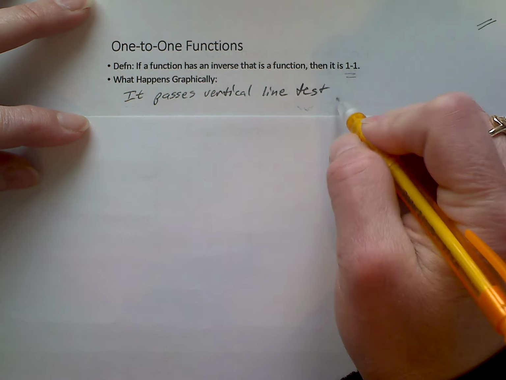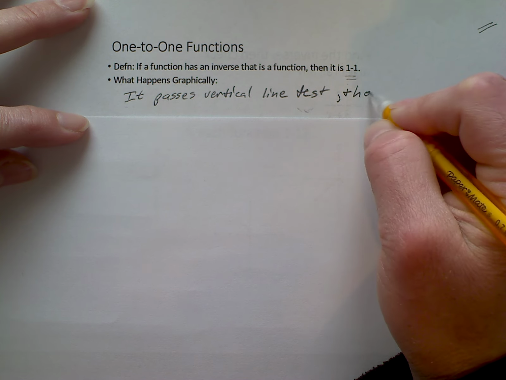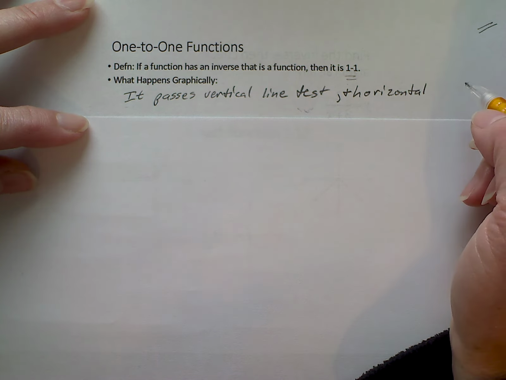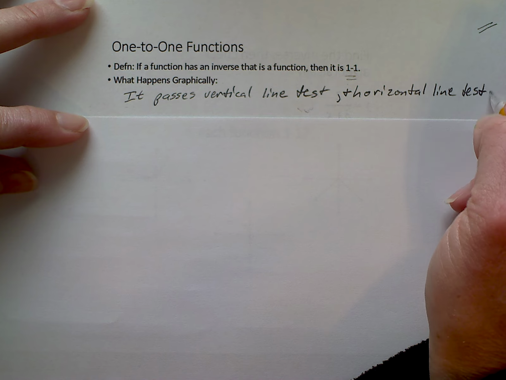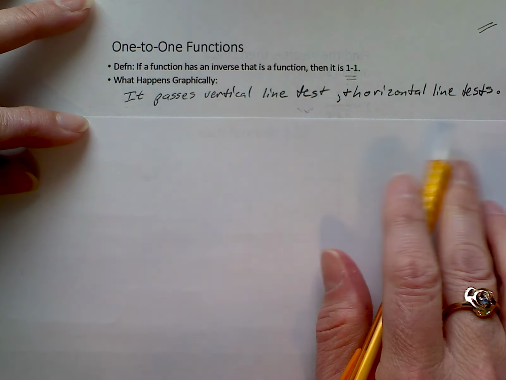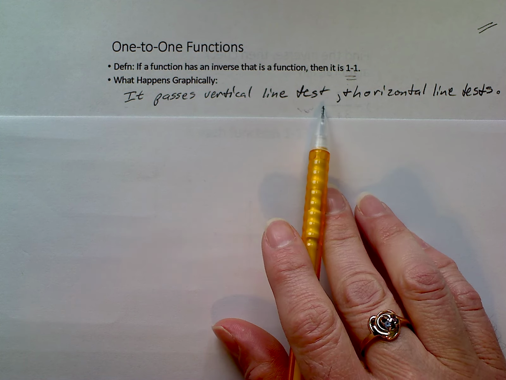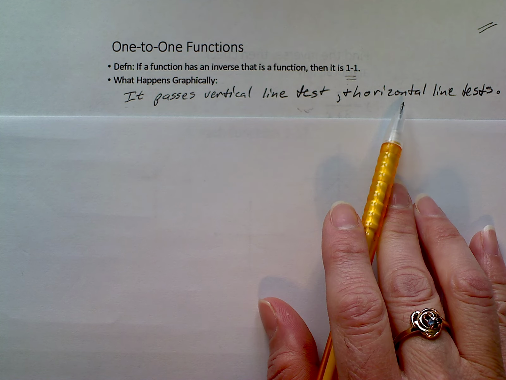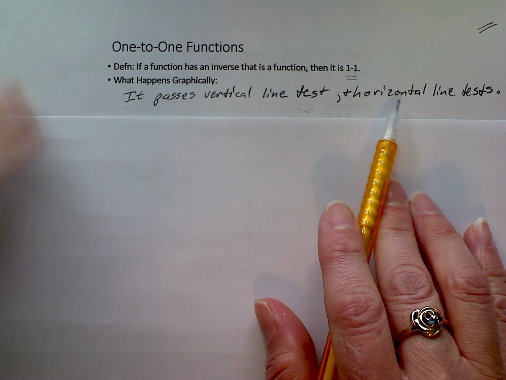But if I do the horizontal line test, that one tells me if the inverse is a function. So both tests have to happen. It passes the vertical line test to see that it's a function, and it passes the horizontal line test to see if its inverse is a function.